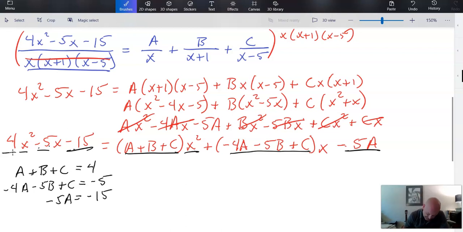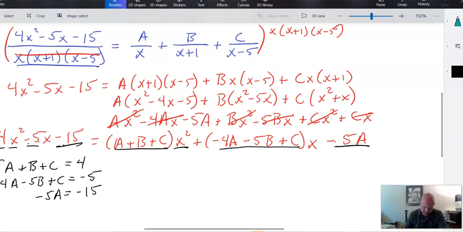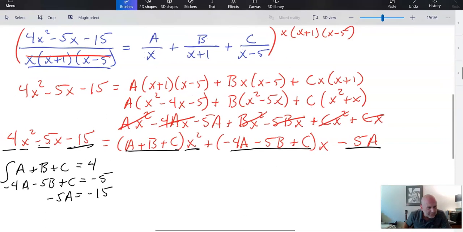Okay, so this is actually my new system, this thing right here. And so I have to solve this. Now, this is a big system. It's a 3x3 system.